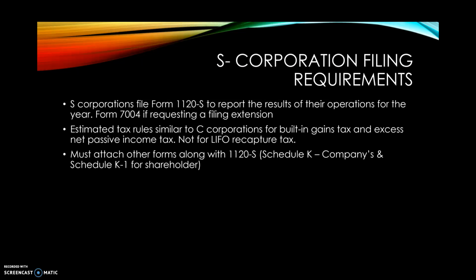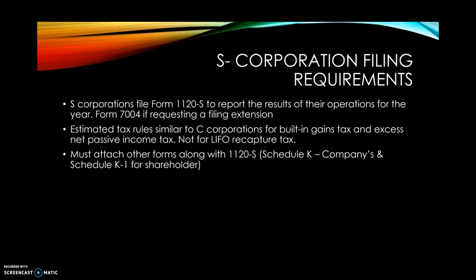So certain S corporation filing requirements are going to be certain forms, such as the 1120S and Form 7004 if requesting a filing extension. It's going to be due the 15th of the third month after the S corporation's year end. The extension is an automatic 6 months if it's turned in before the original due date of the return.